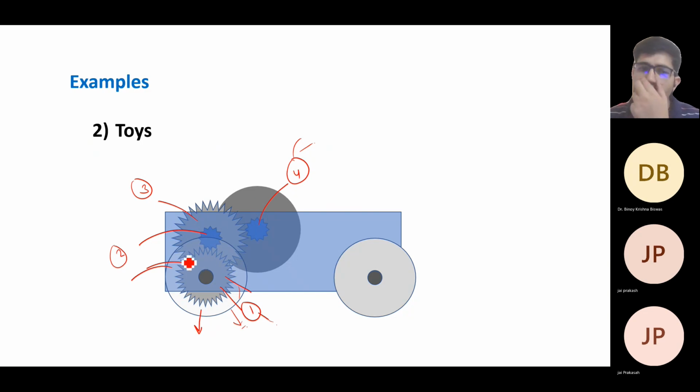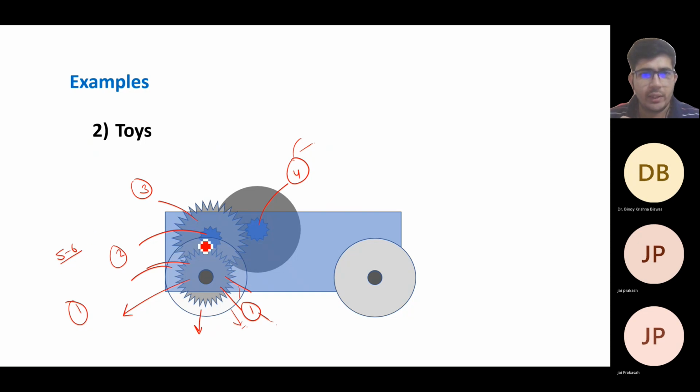You can see gear number 1 is larger as compared to gear 2. Based on the design or gear ratio, gear 2 is smaller than gear 1. So suppose gear 1 is taking 1 RPM, then gear 2 may have 5 to 6 RPM.